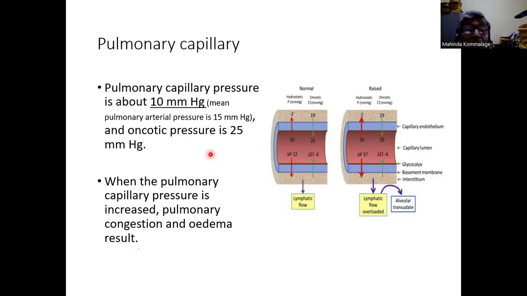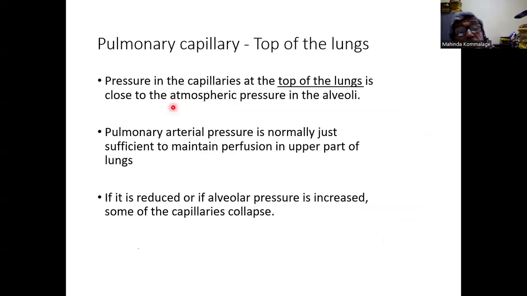If so, this hydrostatic pressure will increase and pulmonary edema will develop because it will overcome the Starling forces balance. And if it exceeds the lymphatic flow limit, fluid will accumulate in the interstitial space. So pulmonary edema can easily develop because of this low pressure system, right? Remember that compared to systemic circulation, the pulmonary circulation can easily get edema.